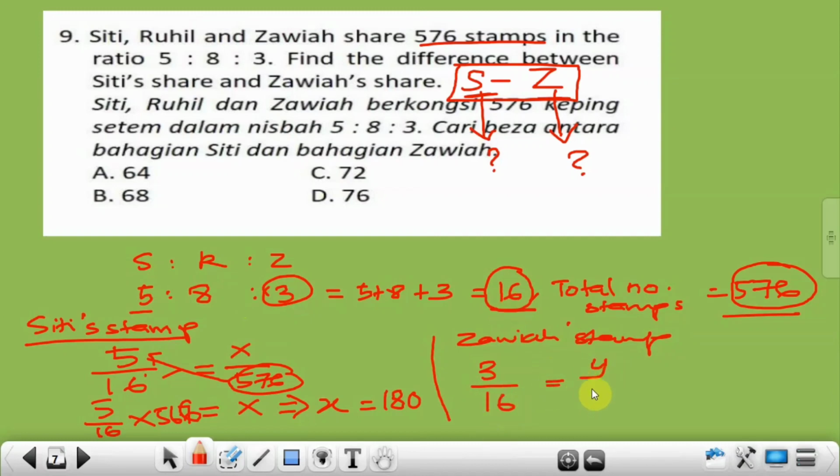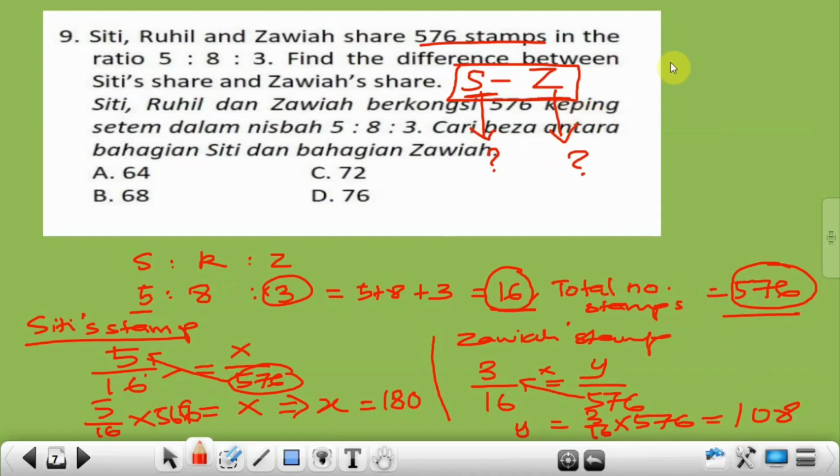Let's say this is Y, the total number of stamps of Zawiya, over 576, because 16 we can equate to 576. Okay, so now Y is equal to 3 over 16 times 576, because when we bring it over here it becomes multiplication. Okay, so the answer is 108.